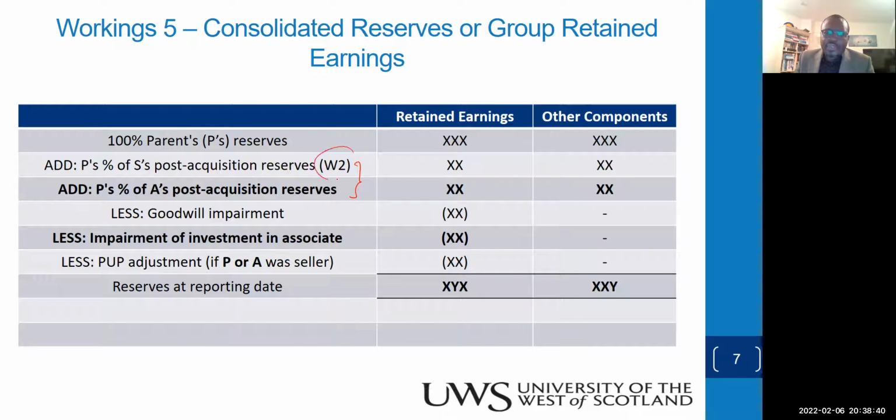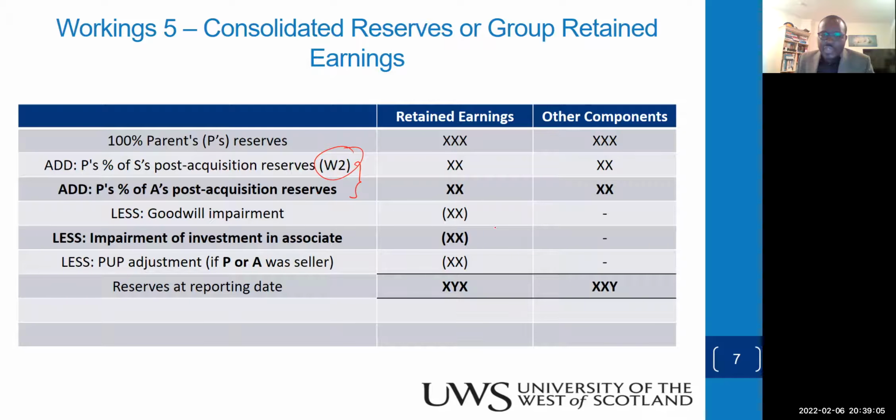just that in working two, a lot of calculations go in, like fair value adjustments and all those things. But here we're looking at only the post-acquisition reserves of the associate. If there is any goodwill impairment, we subtract it from the parent's group reserves. Similarly, if there is any impairment in the investment in an associate, we subtract that too.